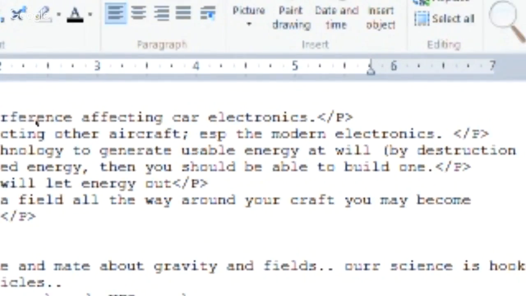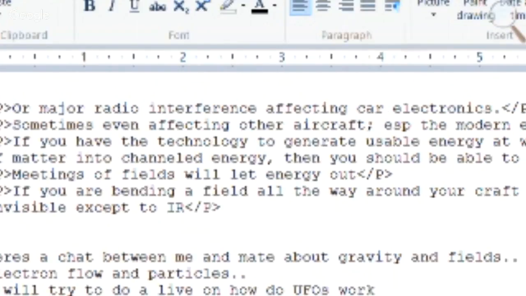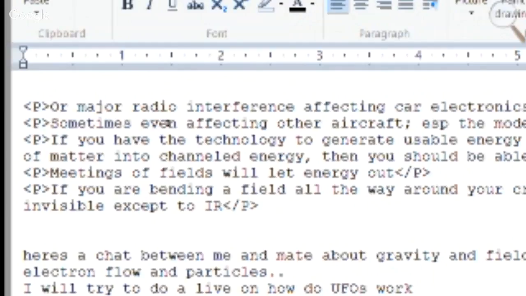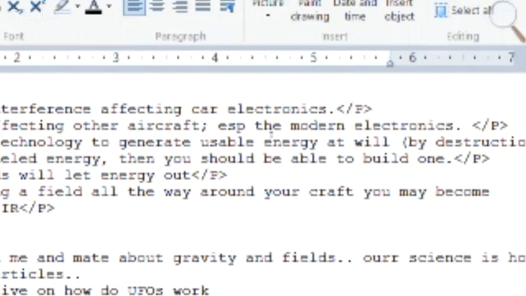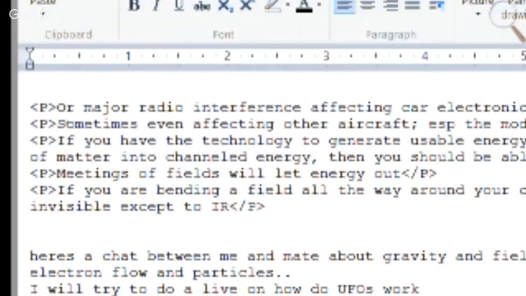You simply could just tap it straight into from the atmosphere. Then you should be able to build one. Meeting of the fields will let energy out. If you are bending a field all the way around your craft, you may become invisible except for infrared.